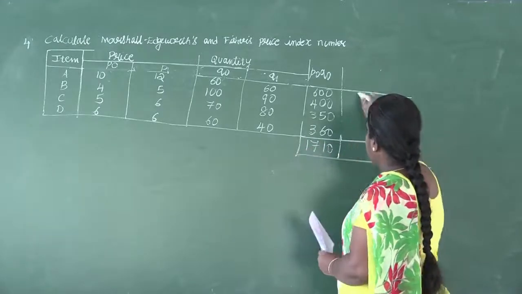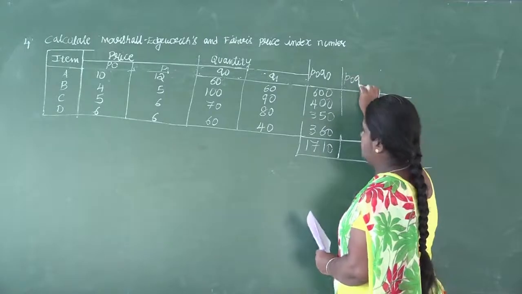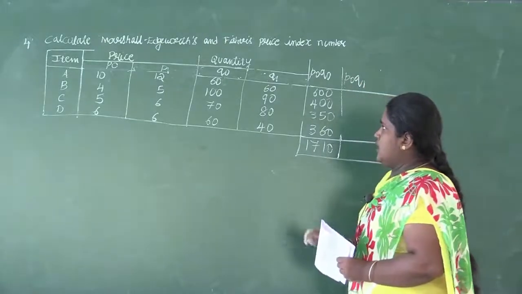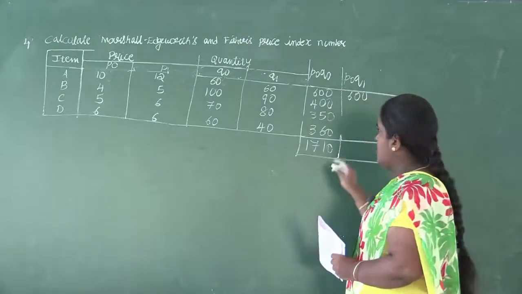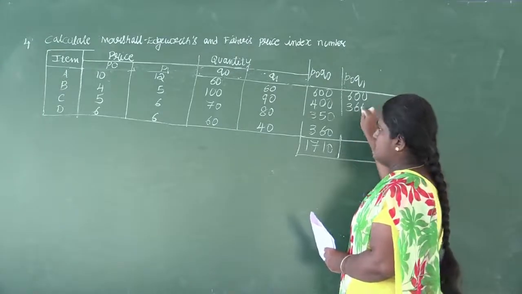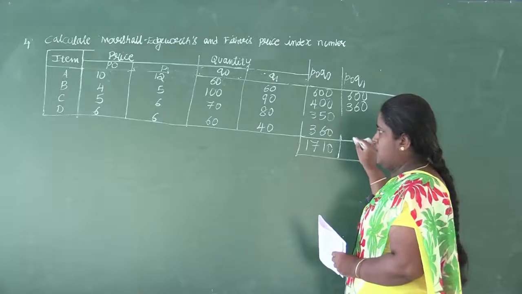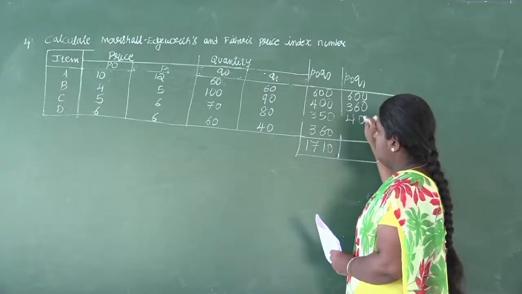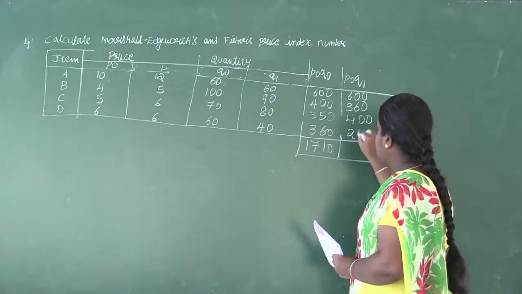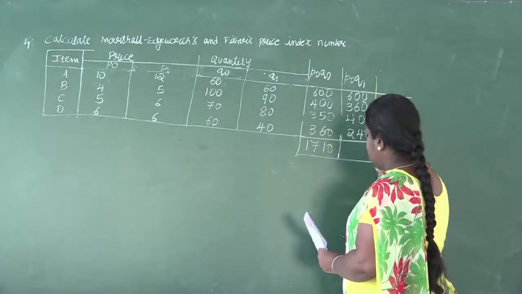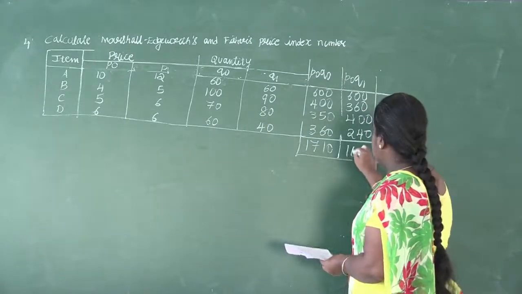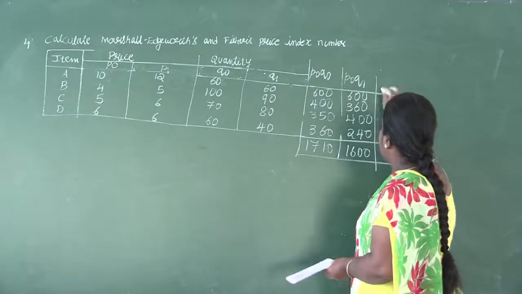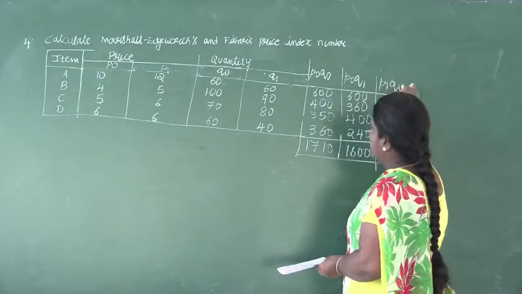Then multiply P0 and Q1. 10 into 60, 600, 4 into 90, 360, 5 into 80, 400, 6 into 40, 240. Do the total of P0 Q1. It is 1600.